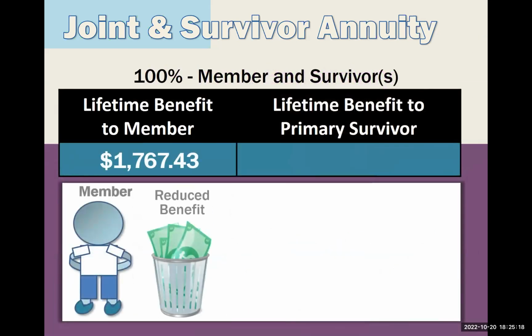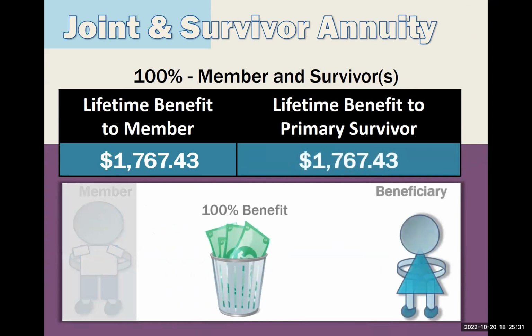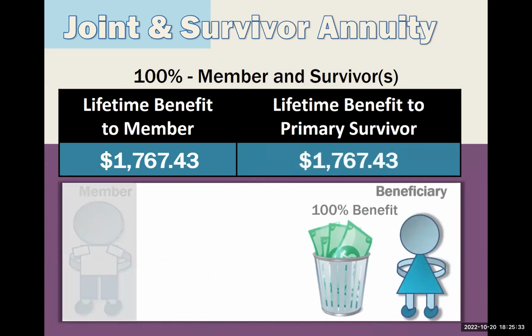So let's talk specifically about the 100% joint and survivor option. If you choose this option, you are going to be receiving a reduced pension for the rest of your life. And when you pass away, the beneficiary will receive the same amount for the remainder of his or her lifetime. 100%, the same amount.